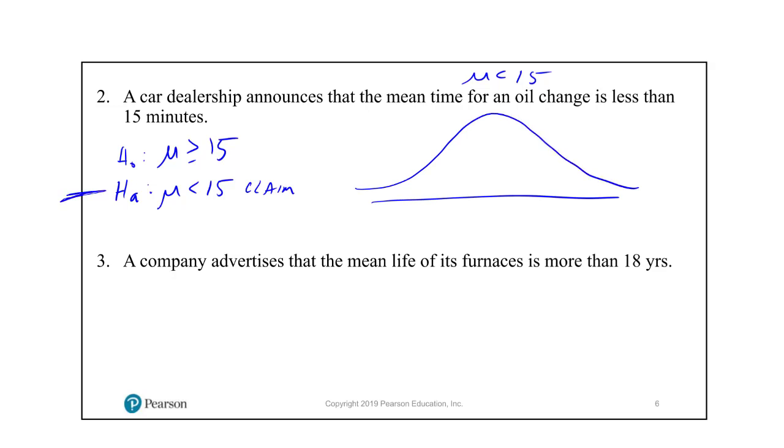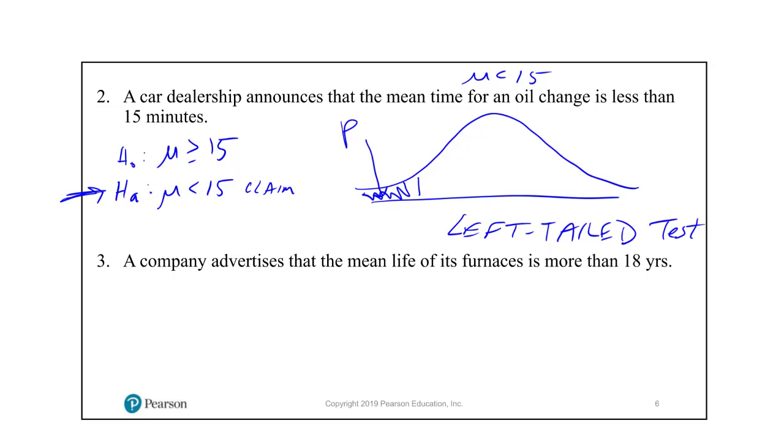So look at the alternative. The alternative says mu less than 15. That would correspond to an area over here, and so this would be a left-tailed test. And this would be the area p.